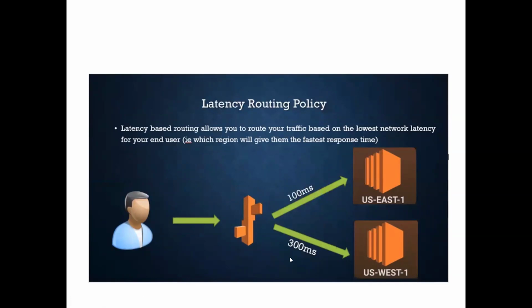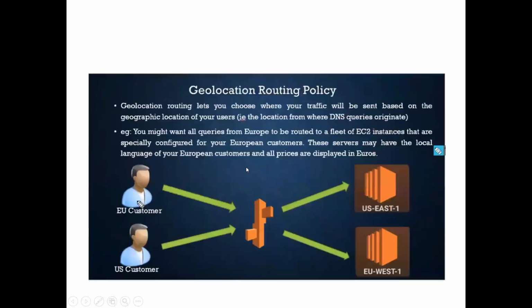You want geolocation, okay? Let me explain what this geolocation is. It's very simple. Let's take an example to understand the geolocation routing policy. The traffic will be sent based on the geographical location of your users.